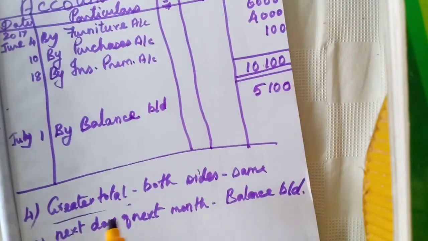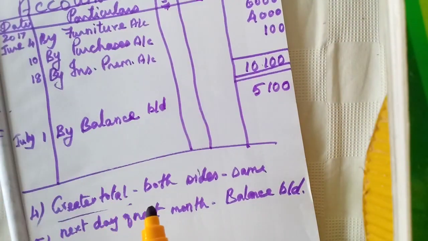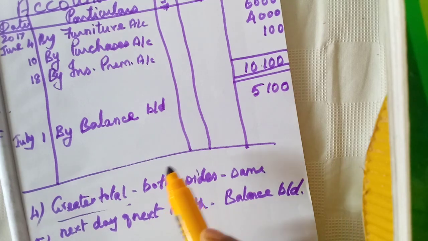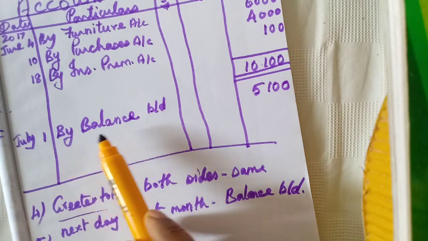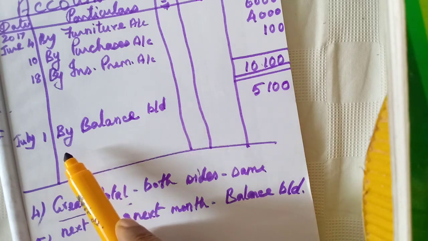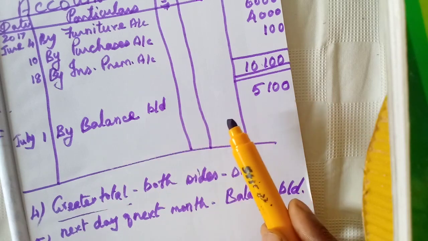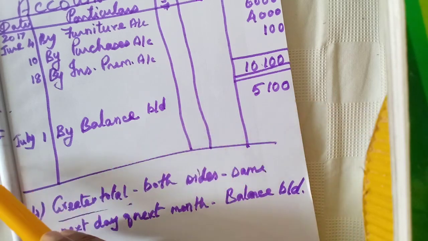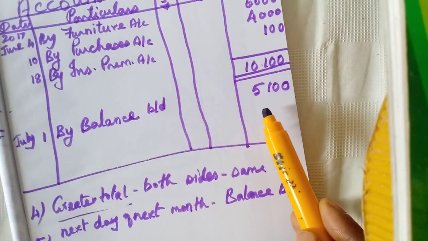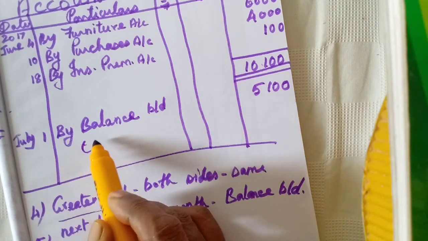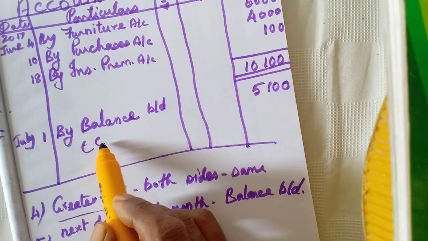Okay, this is called balance. Here, if there is balance on the credit side, we will say credit balance. Balance carried down on the debit side and balance brought down on the credit side, we call it as credit balance.